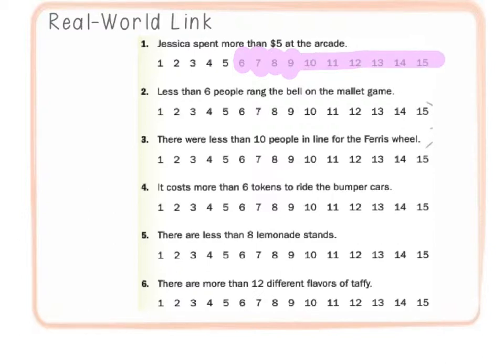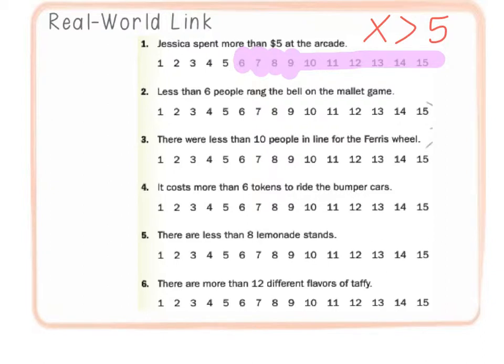Any of those numbers would work. So what you're saying is that Jessica, which is x, spent more than $5. So you're showing all of those numbers.